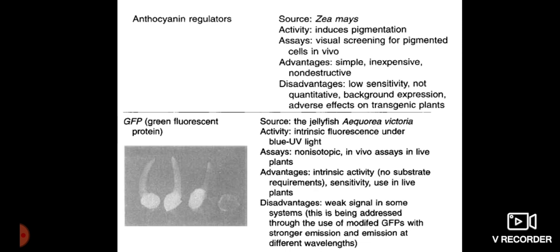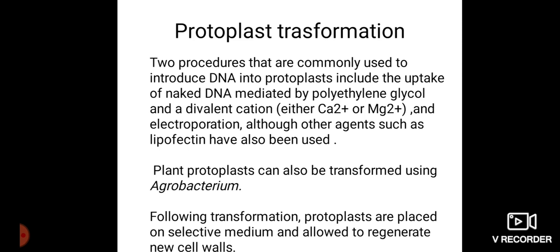Disadvantage-wise, there are weak signals in some systems wherein GFP is not able to give fluorescence properly, but this can be addressed by making some small modifications within the GFP gene. So these are a few reporter genes which have been used in plant systems to express the foreign DNA.